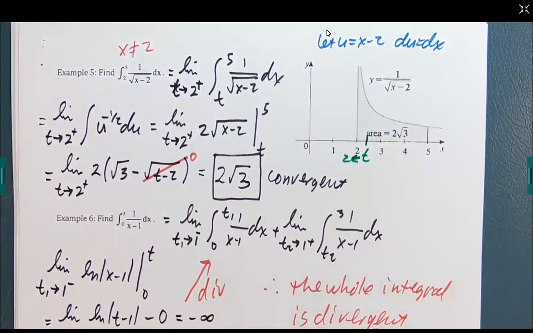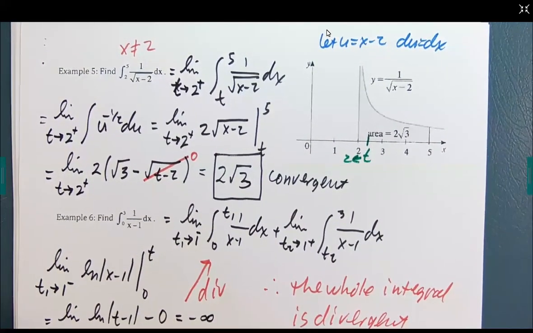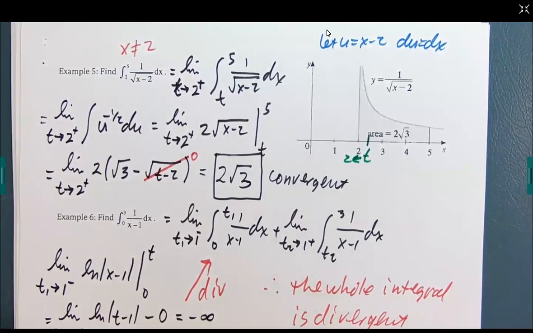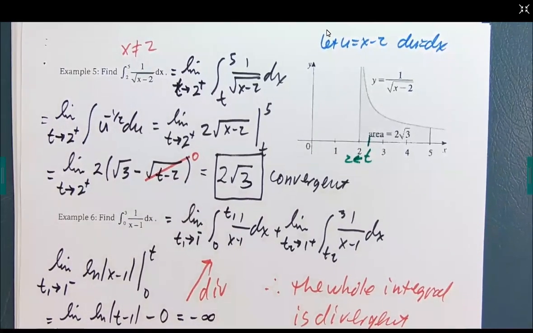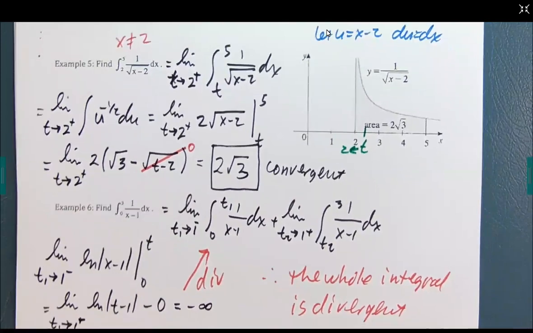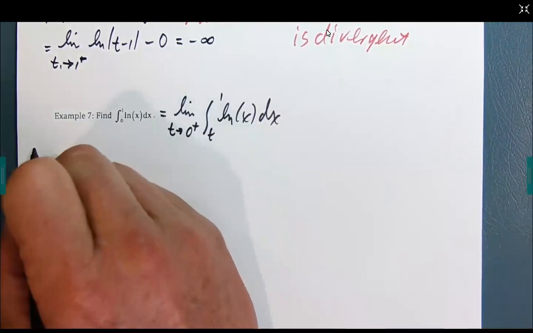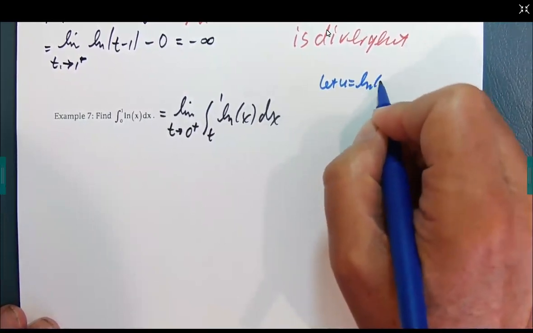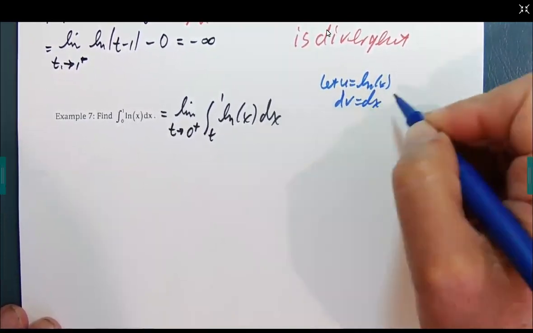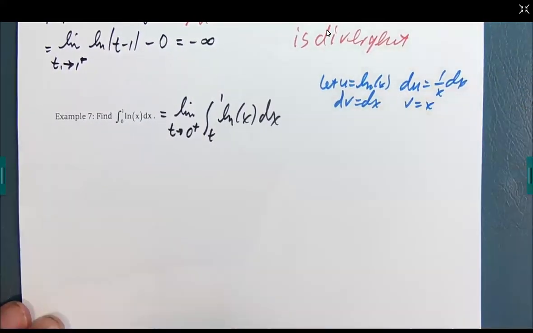All right, for our last example, we can't take the natural log of 0, so this becomes the limit as t approaches 0 from the positive side of the integral from t to 1 of ln of x dx. And I've done the integral of the natural log of x before, but I'm going to do it again anyway. I'm going to let u equal ln of x, dv is dx, du is 1 over x dx, and v is x.